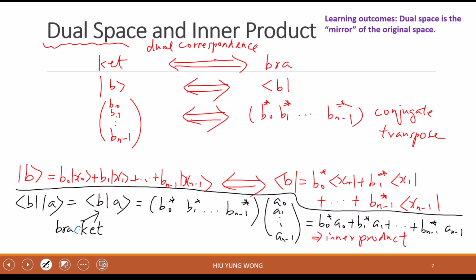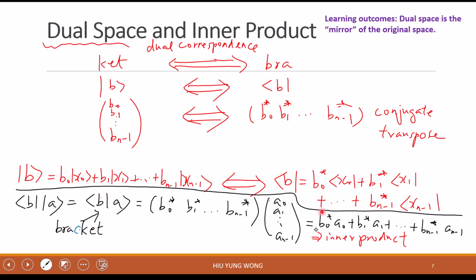Last time we said if these bases x0, x1, xn are orthogonal, the inner product of two vectors is what? It's just equal to B0 times A0, but we did not talk about this star in Euclidean space because they are real, right? But here they are complex.